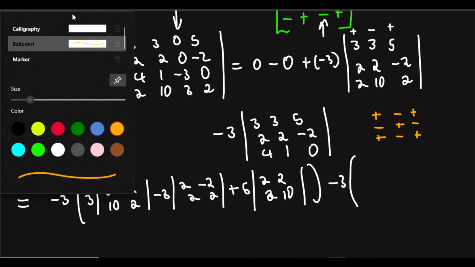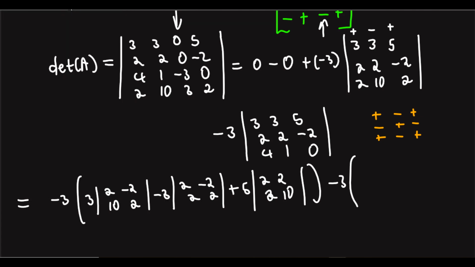Okay, so now let's get on with it. We are going to choose the last one. So before and then 4, we will block the third row and the first column, so we'll have 3, 5, 2, negative 2.